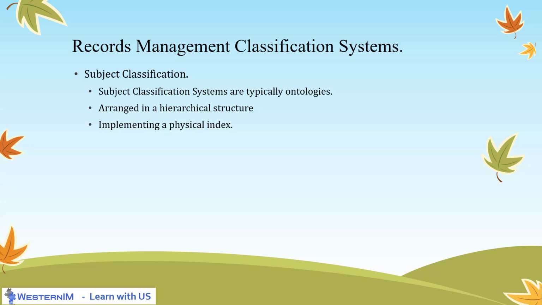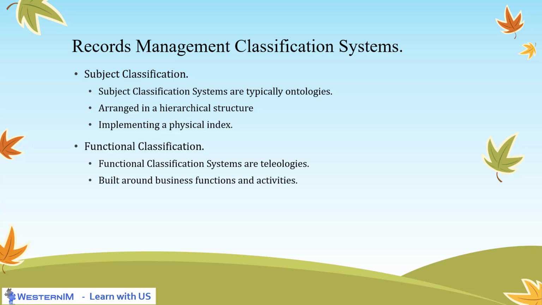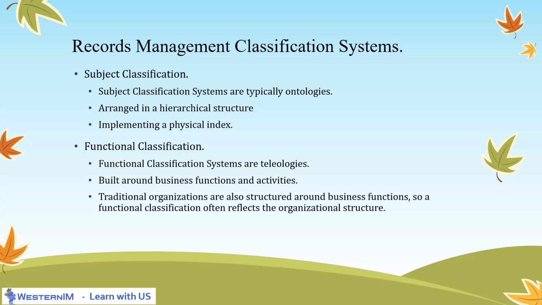More recently, if we can call 50 years recently, records managers have used functional classification. This is a teleology, where the classes are determined by how an object is used, the business function or activity that it supports. We can observe that organizations are often structured around business functions as well. This means that a functional classification system often mimics the corporate structure of the organization.